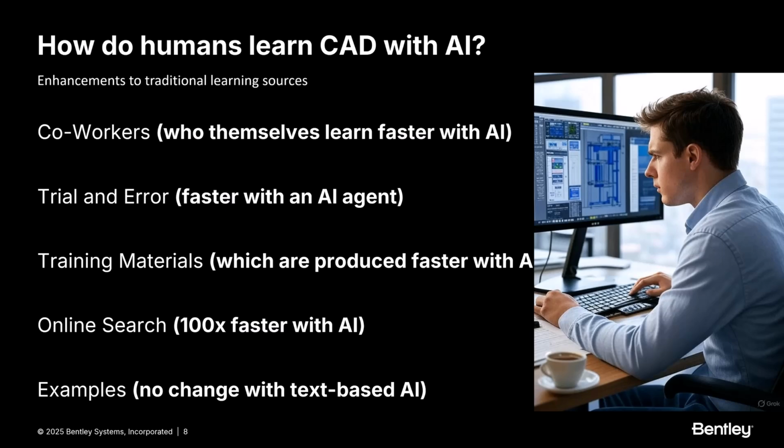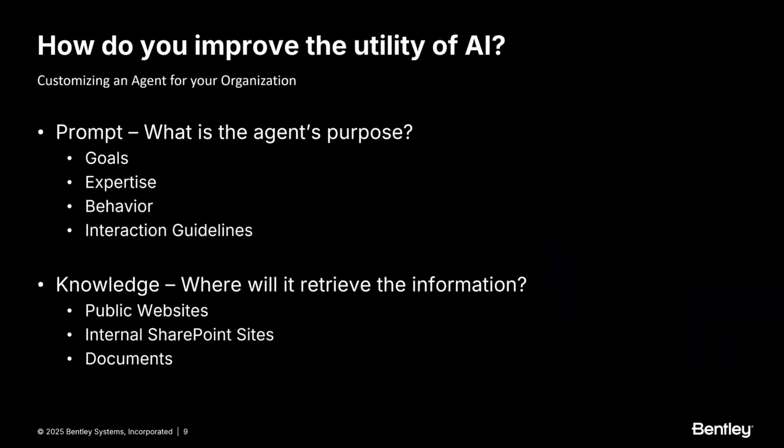Let's go ahead and go to the next slide, Robert. So, one quick note on improving the utility of AI. Many of you have probably interacted with some LLM model, some AI agent at this point.